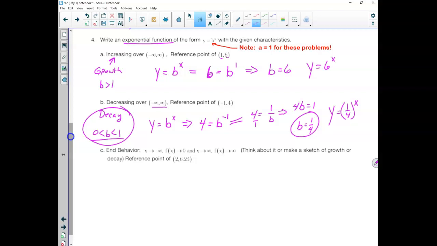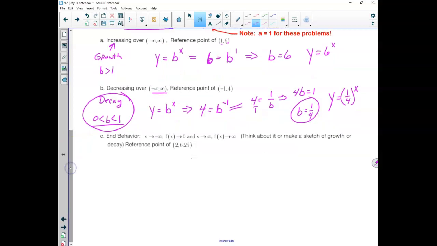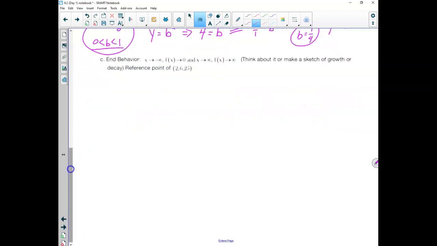Okay? Now, my end behavior on this last one for part C: as x goes to negative infinity, f of x goes to 0, and as x goes to positive infinity, f of x goes to infinity. Hey, that's pointing up like this. What is that? That's growth. So think about it, make a sketch.